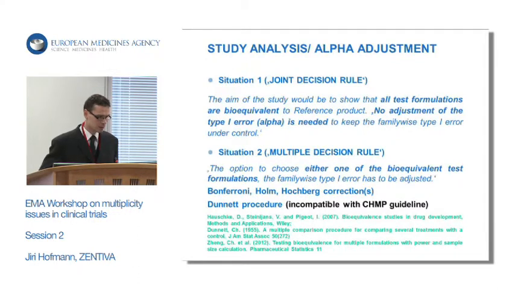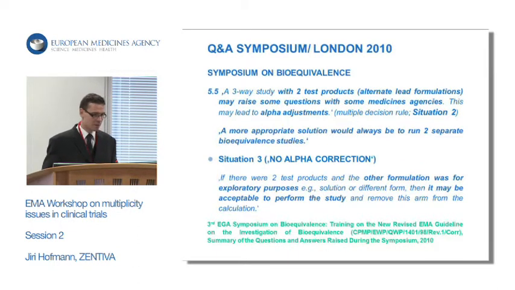Next slide, please. So there is also situation number 3 that has been discussed in London during the QA symposium before the new BE guideline came into force. And situation 3 is a situation where we do have one lead formulation and the other formulations are included in the study only for exploratory purposes.